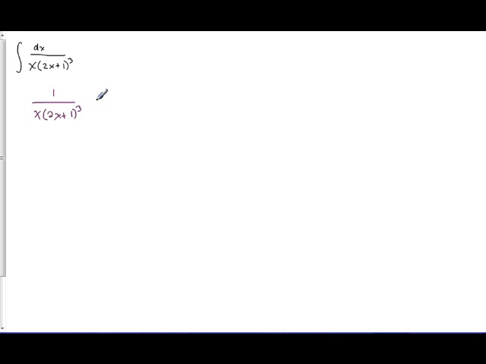And we want to write this as a sum of something over x plus, now how do we deal with that 2x plus 1 to the third power? Well, in general, that's going to be a cubic polynomial.